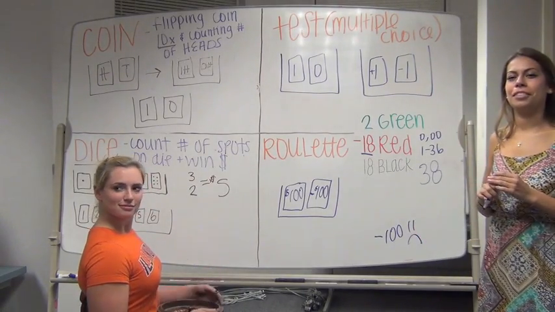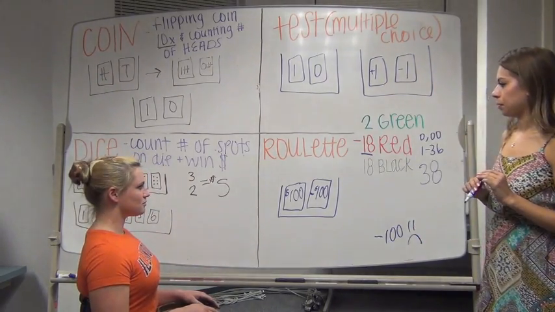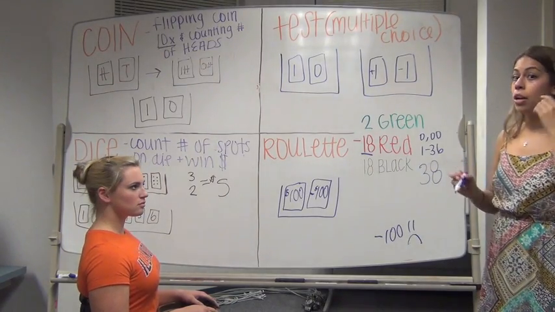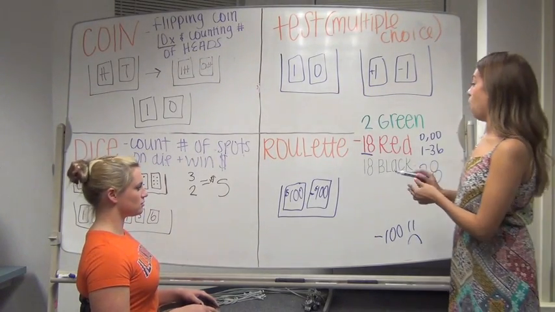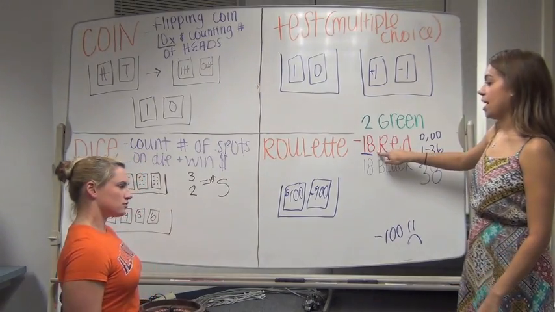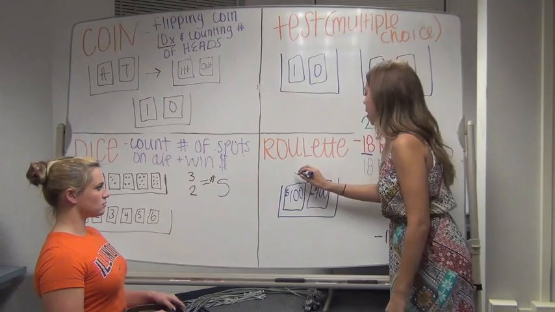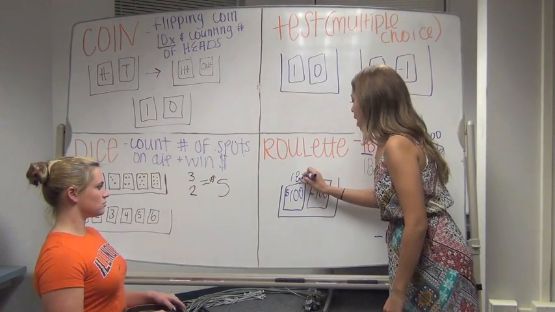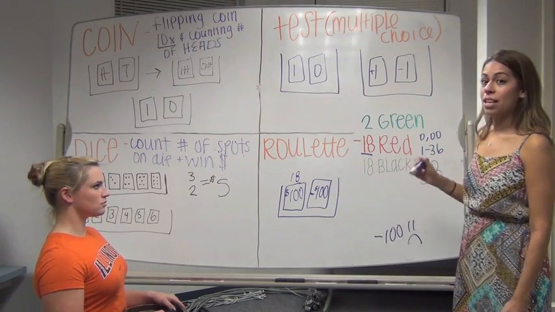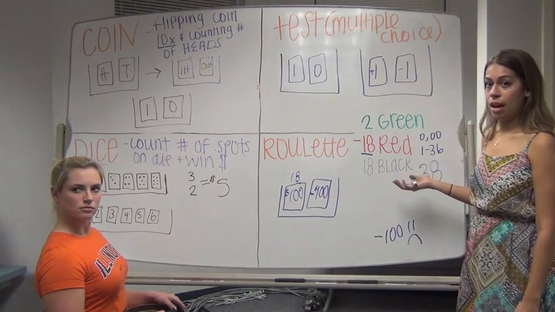But wait a minute, it's not 50-50, right? Correct. Good call. So, like I said before, there were 18 reds. So if she were to win, or land on the red, there's 18 ways she can. And then how many ways can she not land on a red out of this chart?